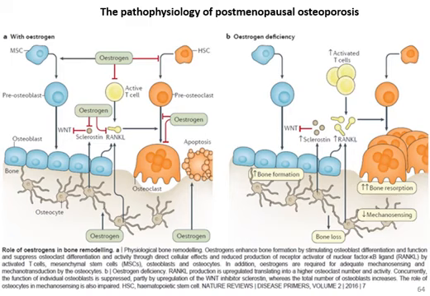factor is estrogen deficiency. I would like to emphasize the normal function of estrogen in normal skeletal homeostasis. Estrogen is important in the differentiation of osteoblasts, and also it will inhibit the osteolytic activity of osteoclasts.